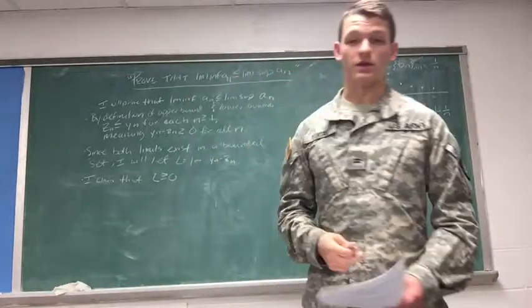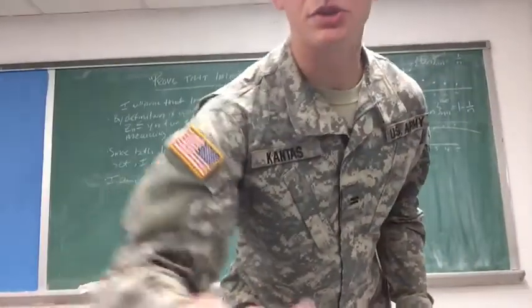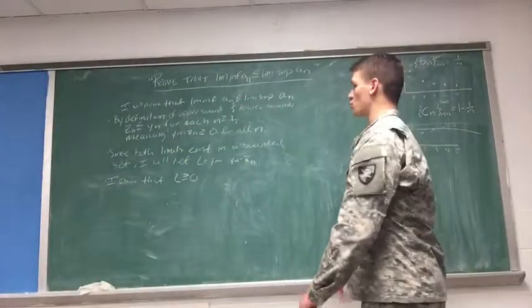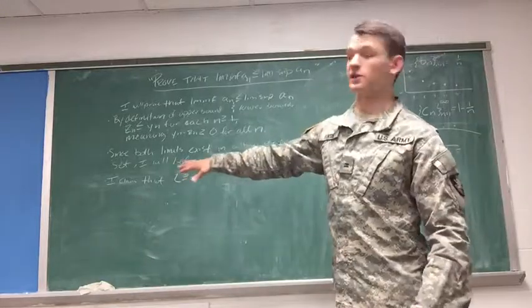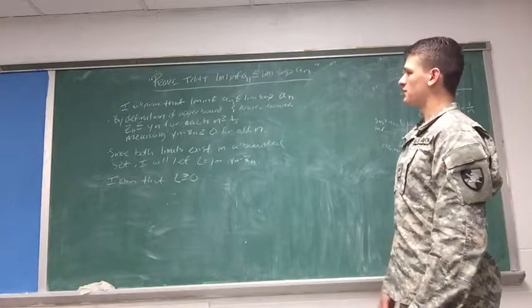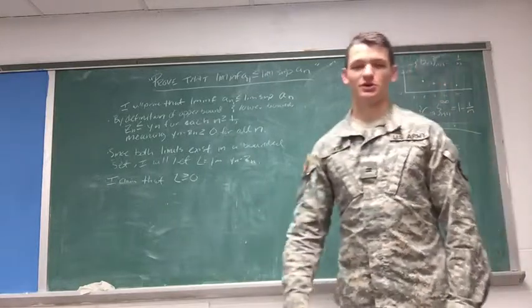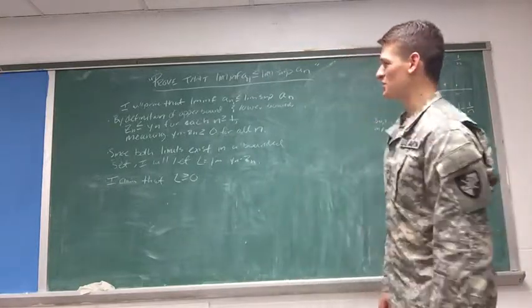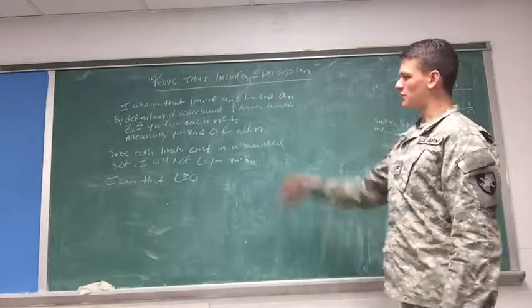So, here goes. This is me introducing my clean proof to the world. It's by no means finished yet, but here's where we are. I say that I will prove that the limit of inf a sub n is less than or equal to the limit of the sup of a sub n. So I introduce a couple of definitions.